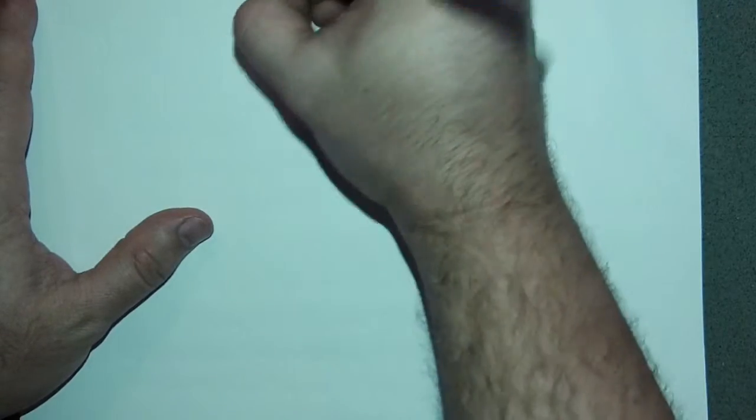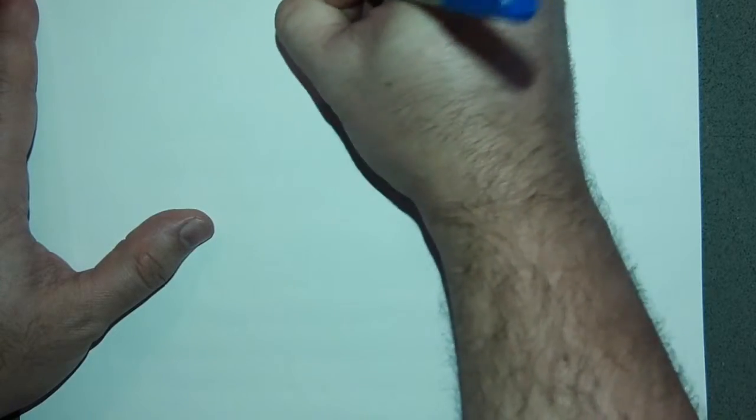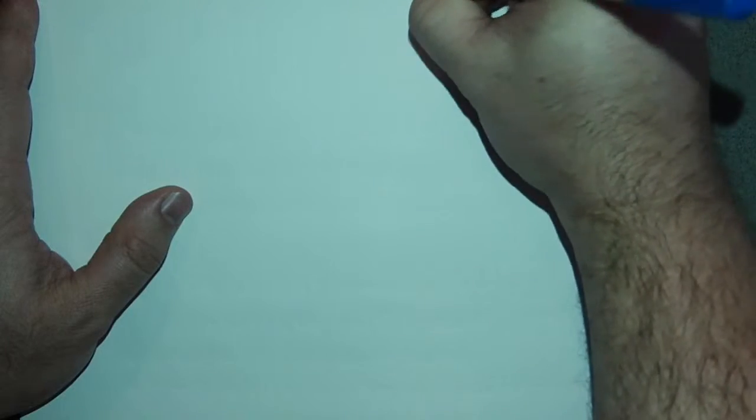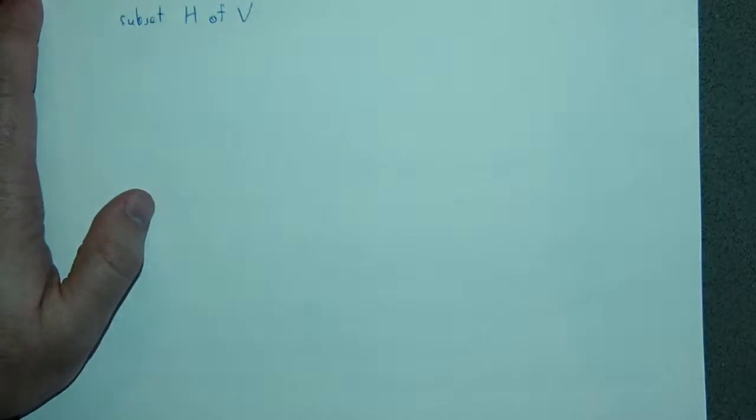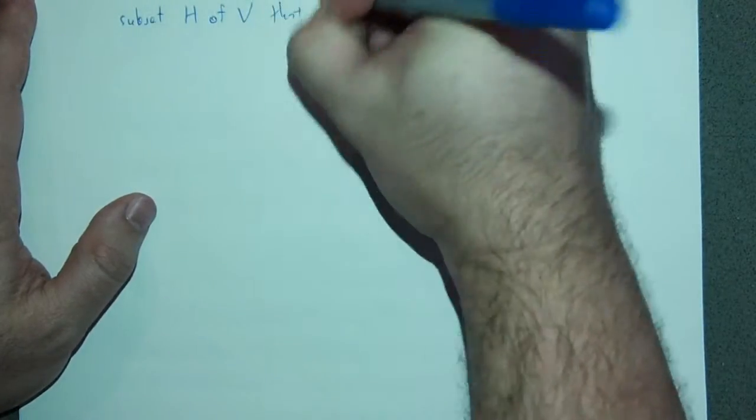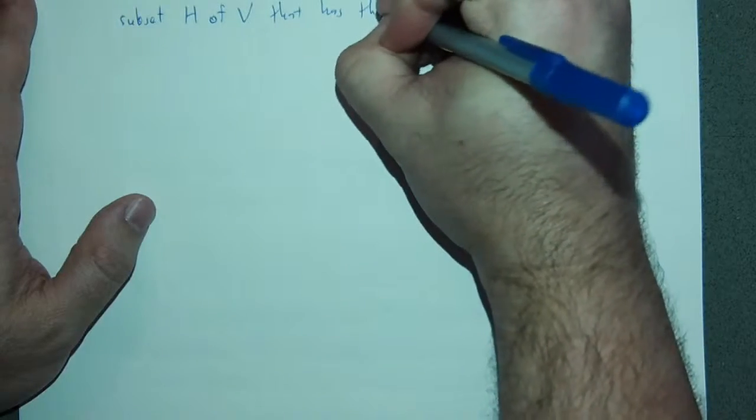Now, here's a definition, and this is the definition of a vector subspace. A subspace of a vector space V is a subset H of V that has three properties.